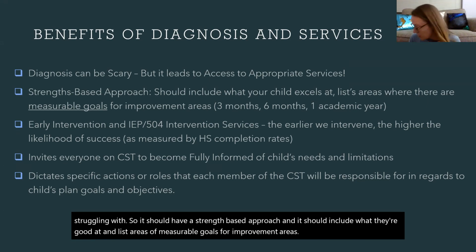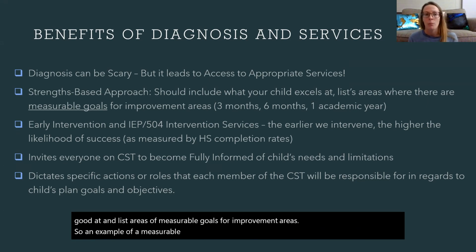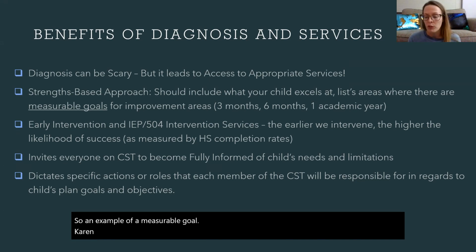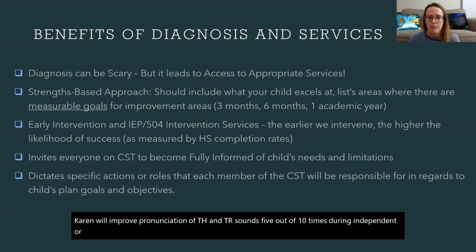So an example of a measurable goal: Karen will improve pronunciation of TH and TR sounds 5 out of 10 times during independent or group speech therapy in the next 3 months.